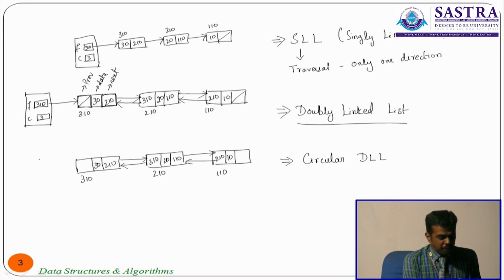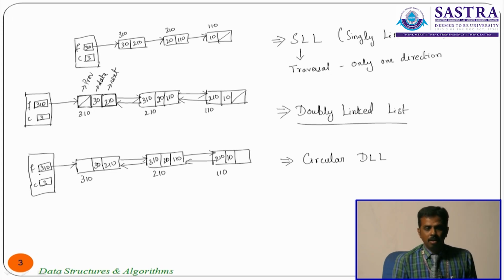So, this is the first node. The first node contains 310 and then the count, which is 3. From the last node, the next field is not null actually. Now it is pointing to the first node, so the 310 information is stored here.